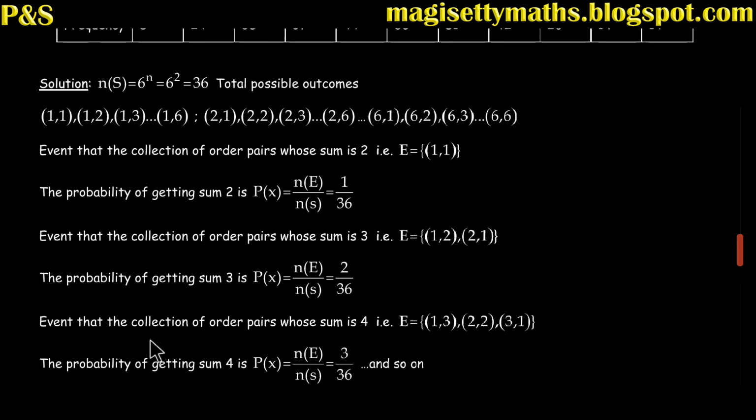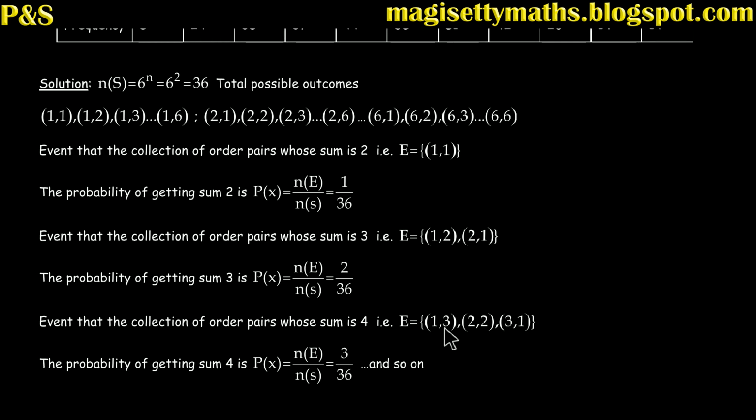Next, evaluating the probability of getting sum 4 is n of E by n of S. Here E is the event, the collection of ordered pairs whose sum is 4. That is, E is the collection of ordered pairs whose elements sum to 4.